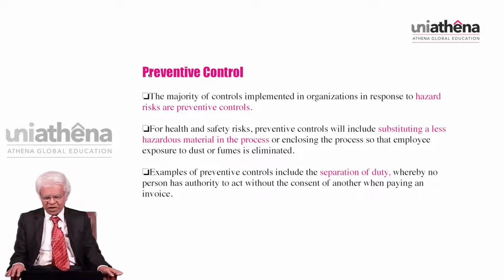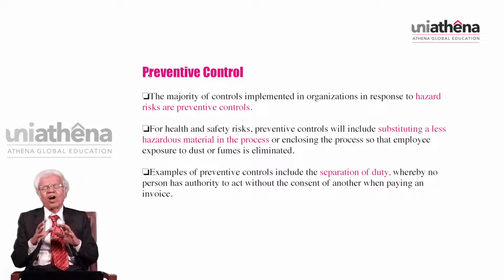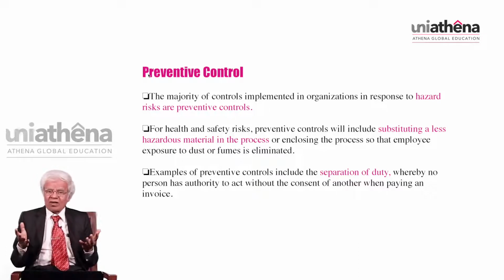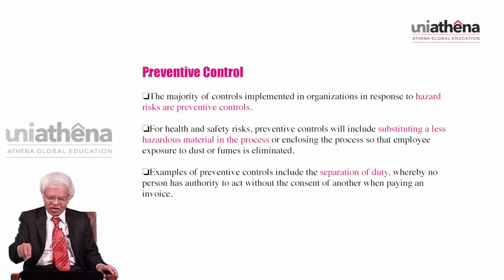For example, look at this para number 2. For health and safety risk, preventive controls will include substituting a less hazardous material in the process. Let us say there is a manufacturing process, you are using some chemical which is hazardous, which is affecting the people who are working in the factory. So, instead of using a particular chemical which is more hazardous, I can go for a less hazardous material.